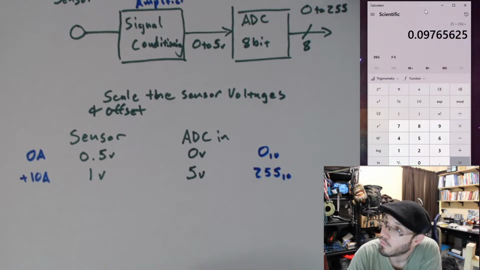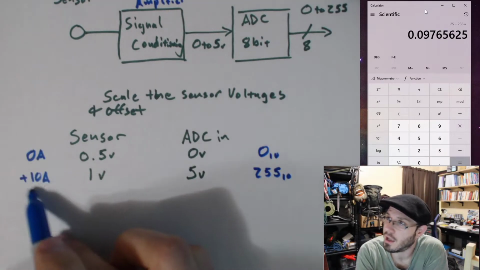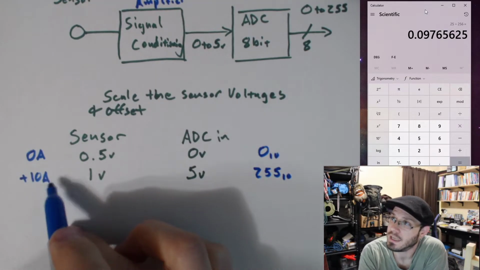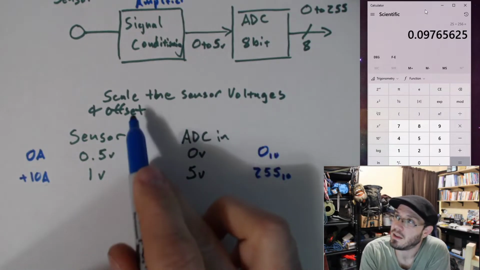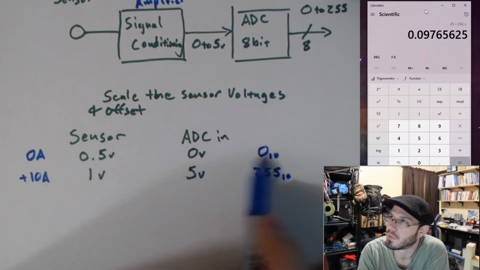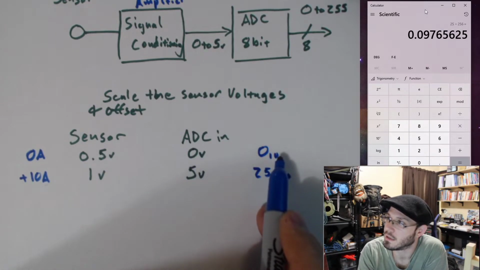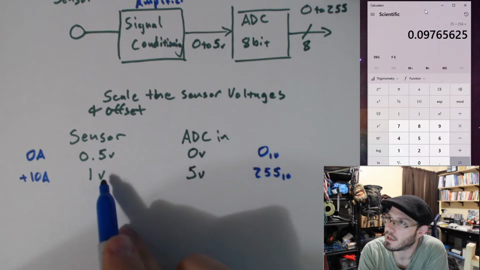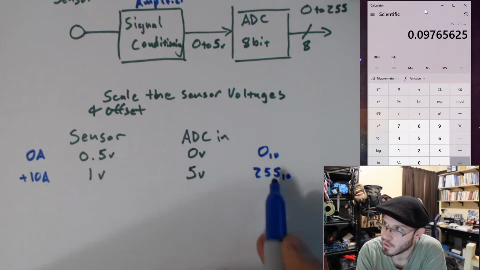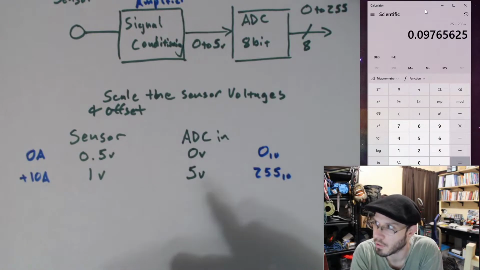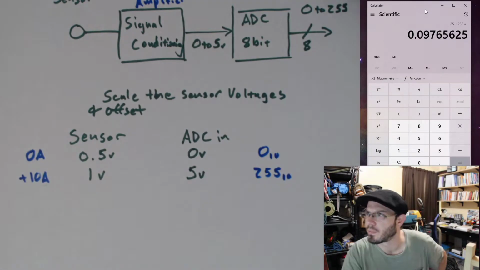And so for our system, our intended range of current inputs, 0 to 10 amps, is getting perfectly scaled and offset to give us 0.5 volts to 0 volts and discrete value 0, and 1 volt to 5 volts, or 255 going into our microcontroller or processor or digital system, whatever it is.